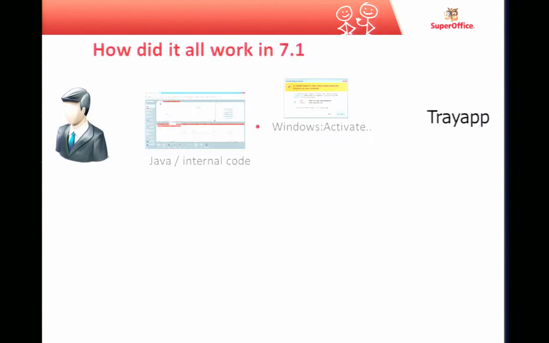Okay, so just to simulate a little bit how it did work before 7.5, just to make sure that you get the idea. Before, there was some Java code, internal code, triggering Tray App and all the other stuff. And this in turn generated these nasty warnings that tell you that something is trying to access a local resource on your computer.